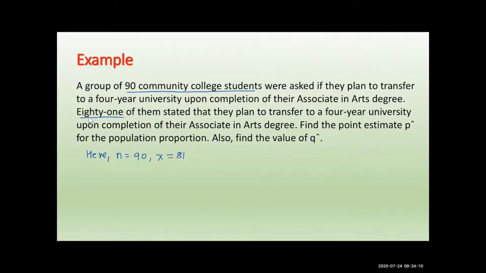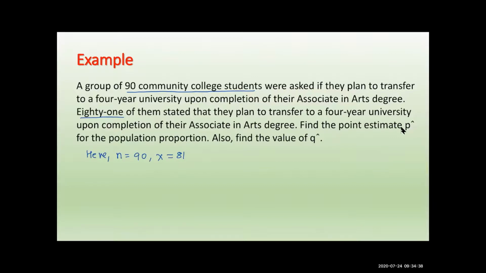Now the question is, we have to find the point estimate P hat for the population proportion and also find the Q hat. So here, as we are talking about the proportion, because out of 90 students, 81 of them are transferring, we can easily find the point estimate.